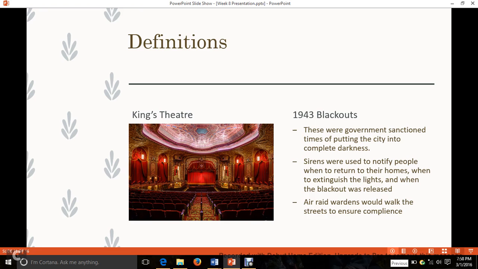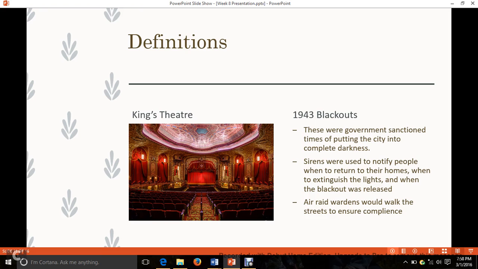So they were drills in case of bombings. So they were saying, okay, we're going to do this at night. We're going to black out the buildings. So a plane going overhead that had intended to bomb New York wouldn't be able to see it as easily because all the lights are out. So it would kind of black out the city and keep people relatively safe from bombings. And that was the purpose of it.